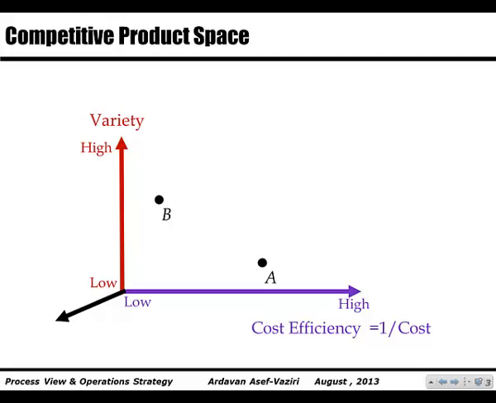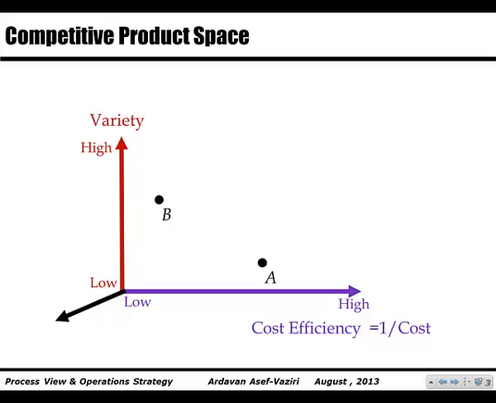Let's look at this situation. Here, again, I'm showing a two-dimensional space. I forget the other two for the time being. I see two products, product A and product B. Product B has high variety, but it has high cost because its cost efficiency is low.